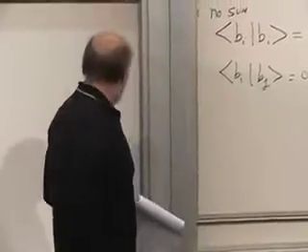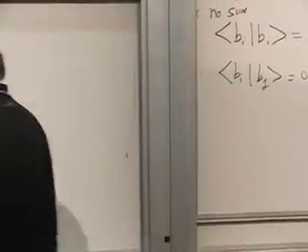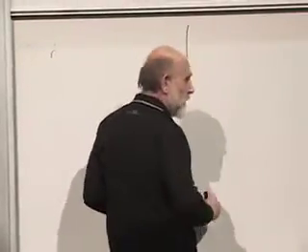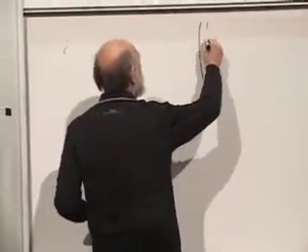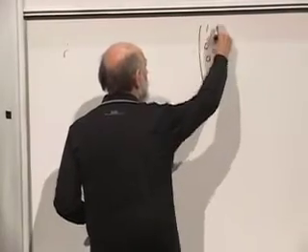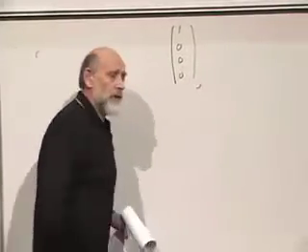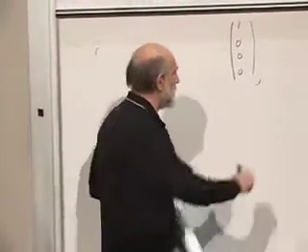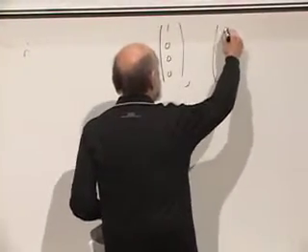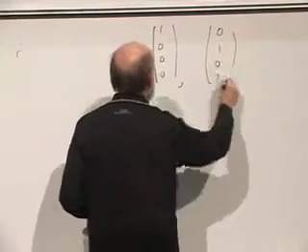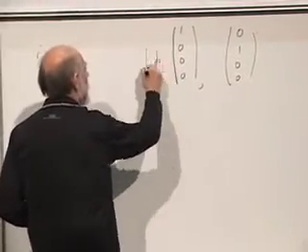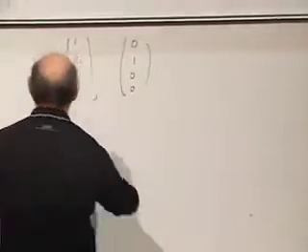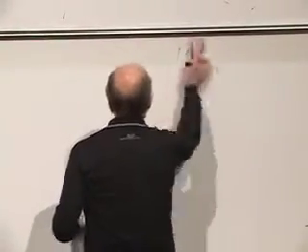Let me give you an example, just in terms of column vectors. There's nothing special about 4 dimensions here; I've just chosen a 4-dimensional vector space.